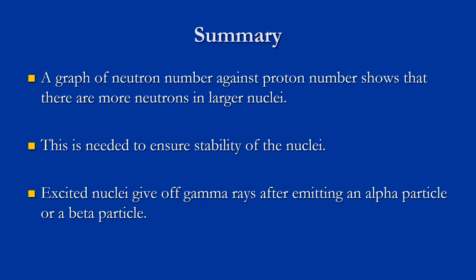Okay, to summarize then, we've seen that a graph of neutron number against proton number shows that there are more neutrons in larger nuclei. This is needed to ensure the stability of the nuclei. And gamma rays are given off by the excited nuclei after they emit an alpha particle or a beta particle.